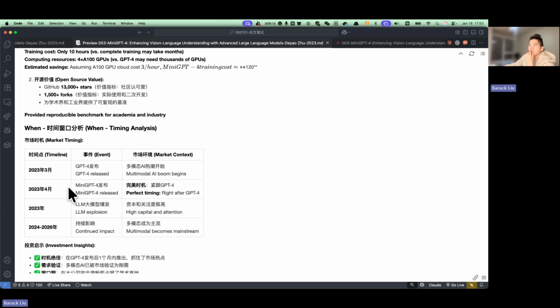Okay, so in March 2023, GPT-4 was released, and this paper, or their model, was published in April 2023.